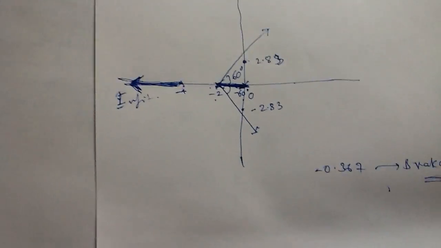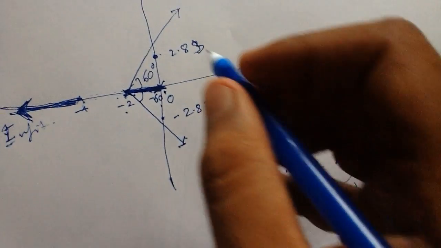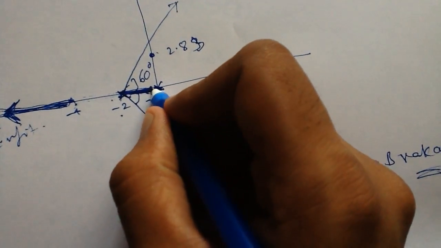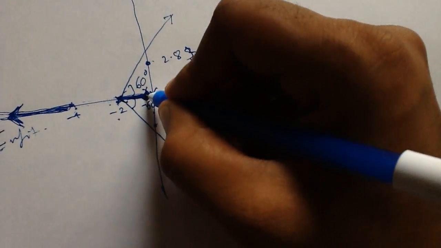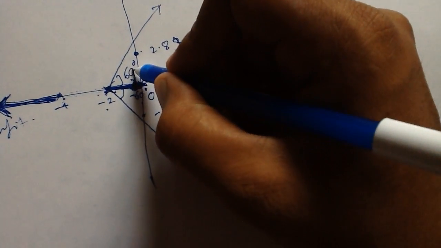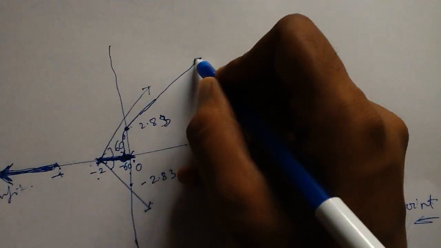As we already know, the breakaway point is minus 0.367, so mark minus 0.367 here, assuming this is minus 0.367.